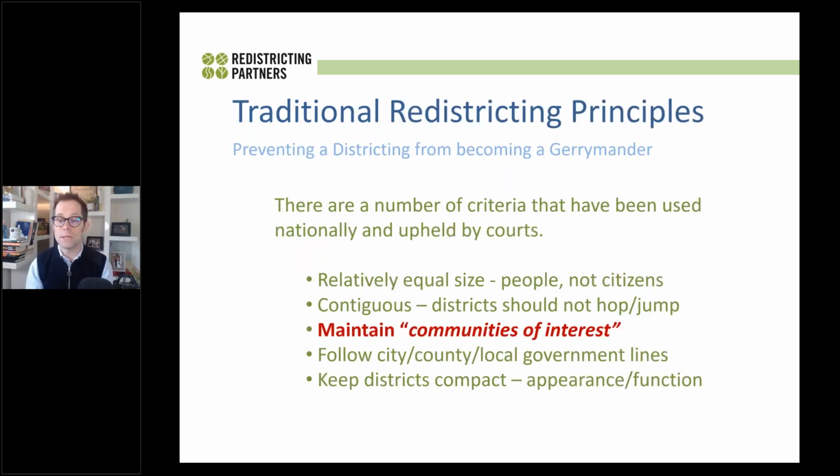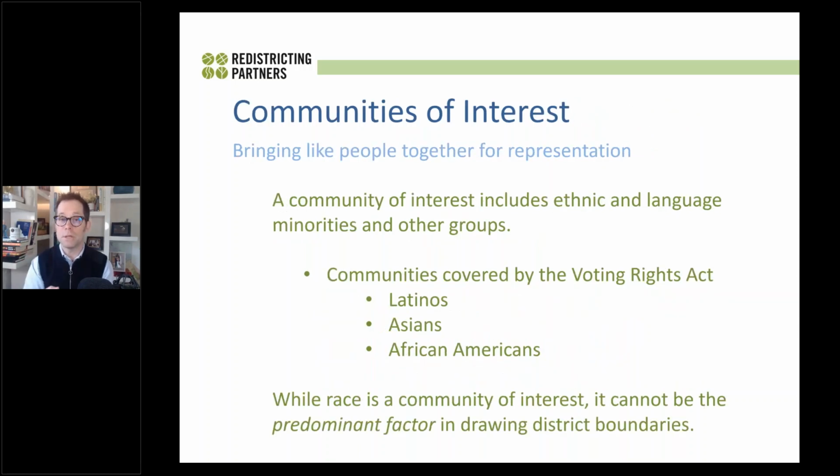Communities of interest is a key criteria in the process. You can think of it as a couple tiers. The first tier is Voting Rights Act protected classes: the ethnic, language, and national origin protected classes. These are largely in California Latinos, Asians, and African Americans.